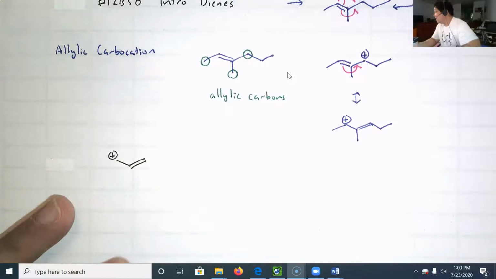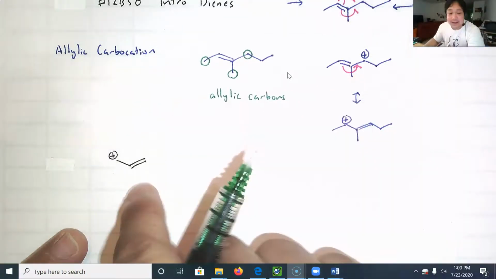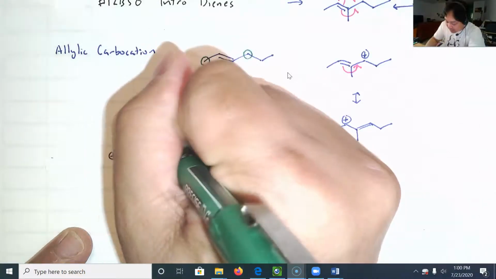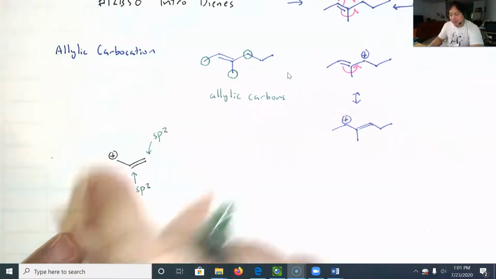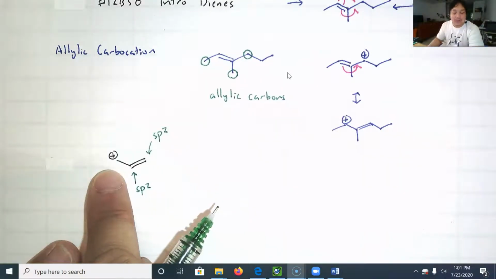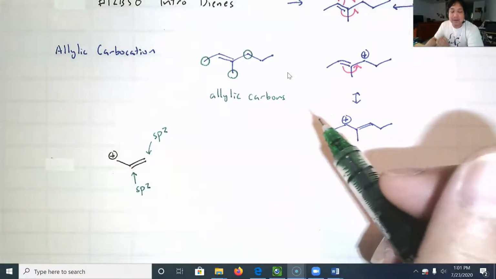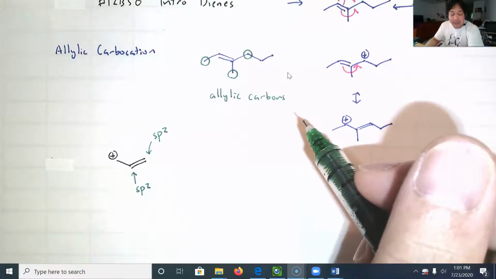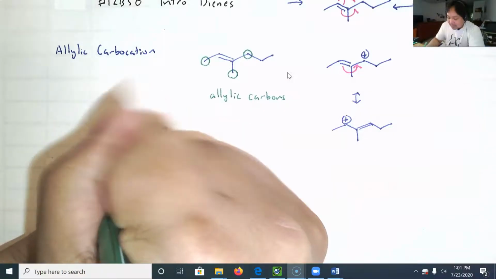The exercise that we did at the very beginning of that first video was assign hybridization. sp2, sp2. Do you remember what carbocations are? Carbocations are carbons that have 3 bonds, no lone pairs. So if it has 3 bonds and no lone pairs, it has 3 balloons. Oh, this is also sp2.